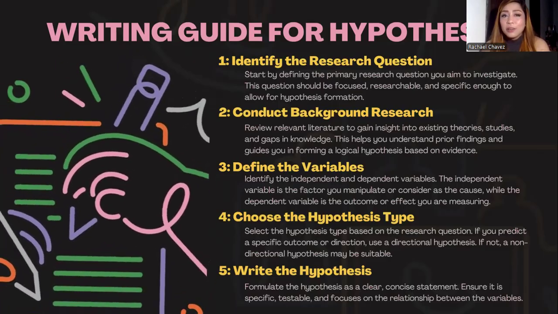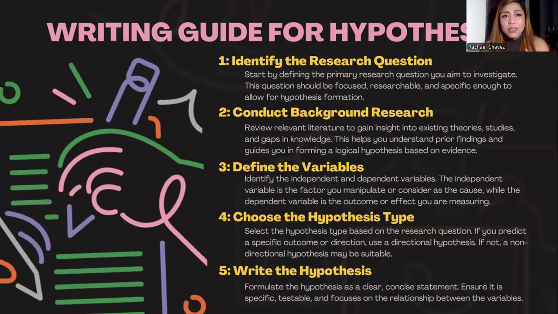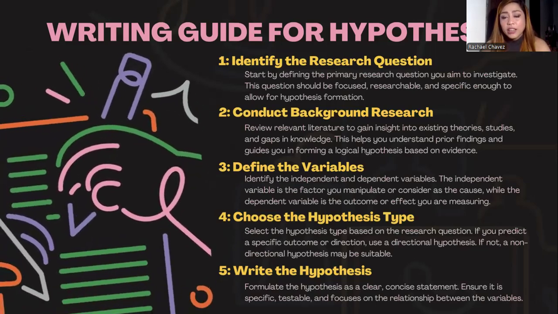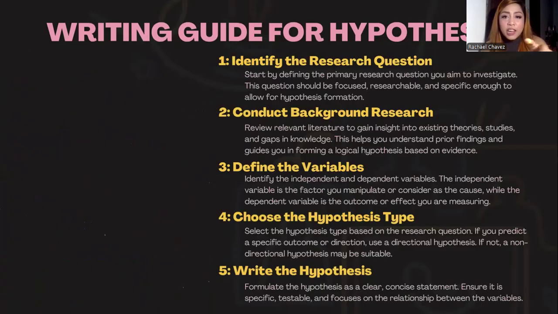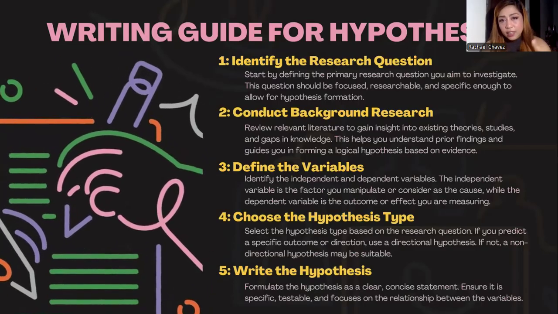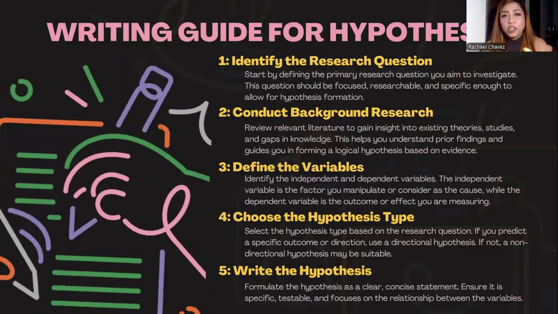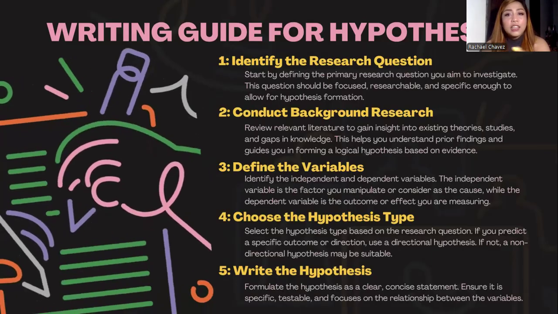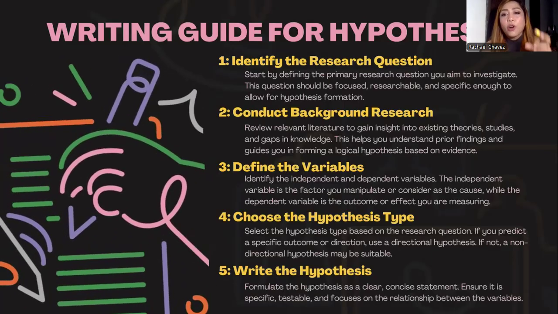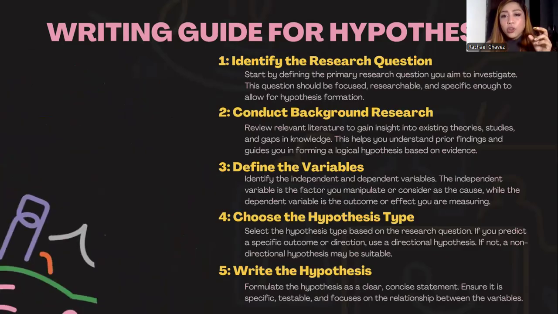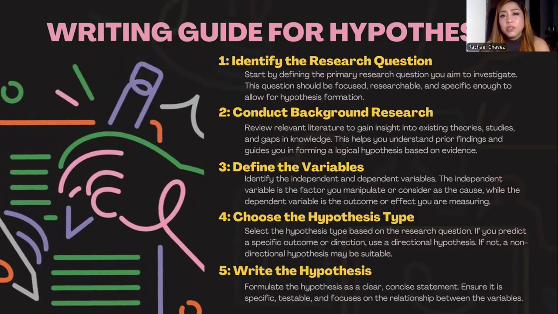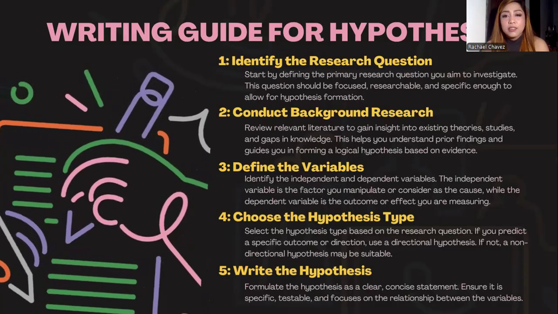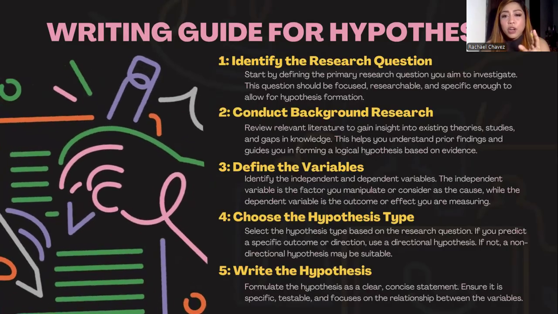Marami sa inyo hindi nyo alam pa yung mga variables nyo. Napansin ko yun because as I read your work, alam niyo yung variables sa title, but as I read your work sa gitna, nakakakita ako, nag-introduce kayo ng bagong variable na hindi ko naman kailangan sa paper niyo. So I hope you are sure and you know your variables well because the variables are the main ingredients of hypothesis.